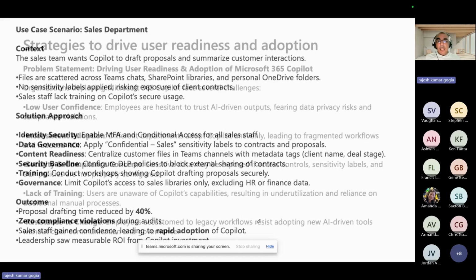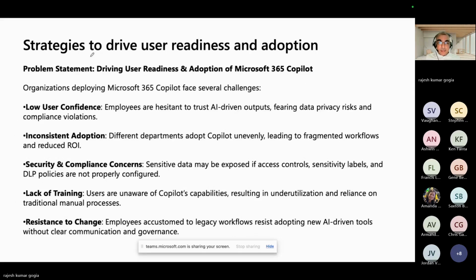Similarly, if I talk about the strategies, what sort of strategies? The strategies to drive user readiness, whether the user is ready to adopt. So let's try to understand with the problem statement. The problem statement says: driving the user readiness and adoption of what?